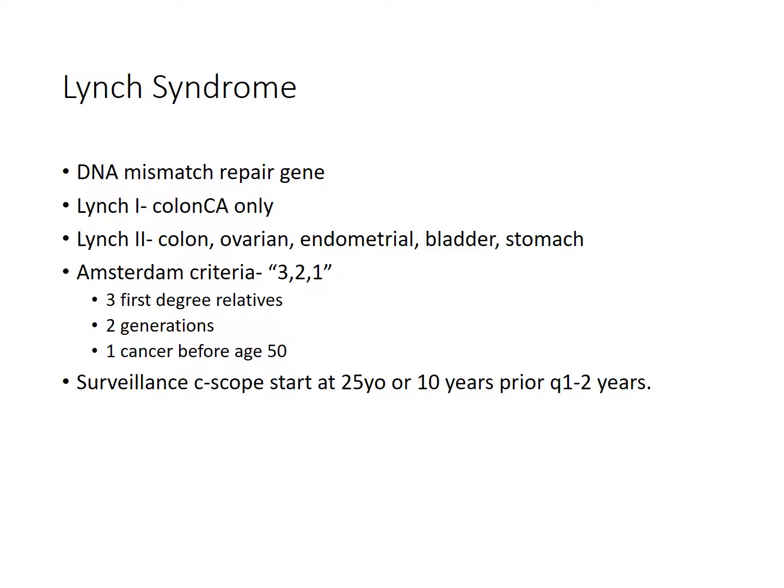It doesn't take into account grandparents or aunts or uncles, things like that. It has to span 2 generations, and there has to be one cancer prior to age 50. Surveillance for these patients: you start with colonoscopy at age 25, or 10 years prior to the youngest diagnosis, and that's every 1 to 2 years.